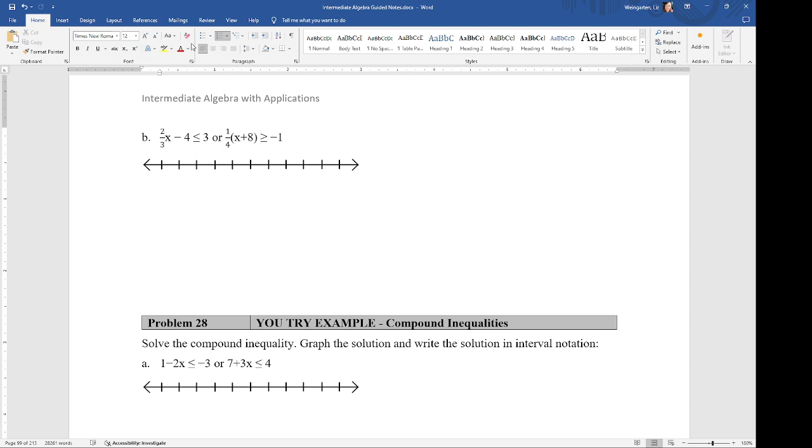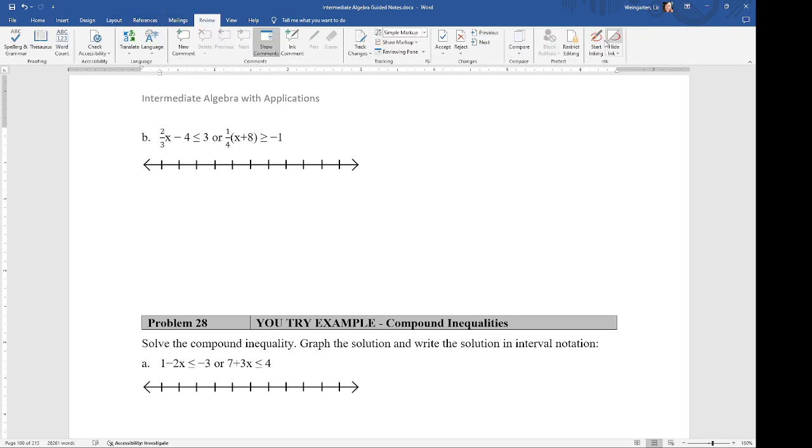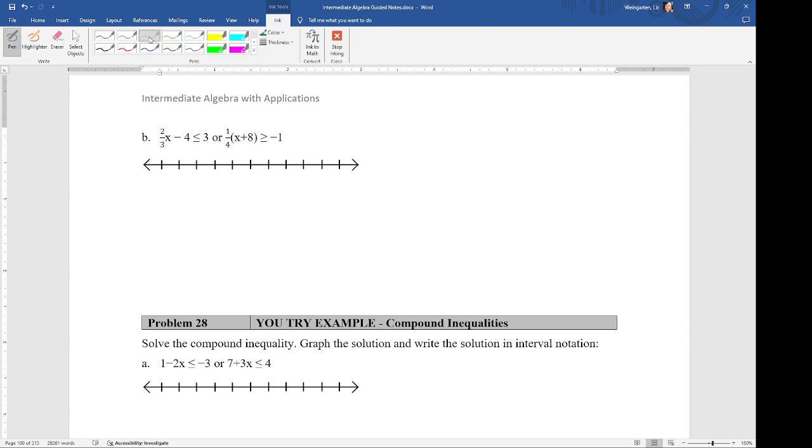So this one contains several fractions, so the first thing I'm going to do, as always, is get rid of the fractions. I'm going to take the first equation and multiply both sides by 3. I'll add 12 to both sides, and then divide both sides by 2.